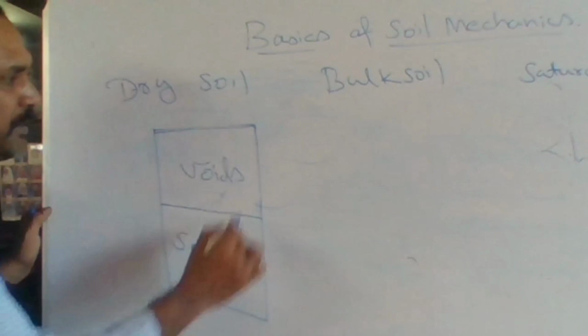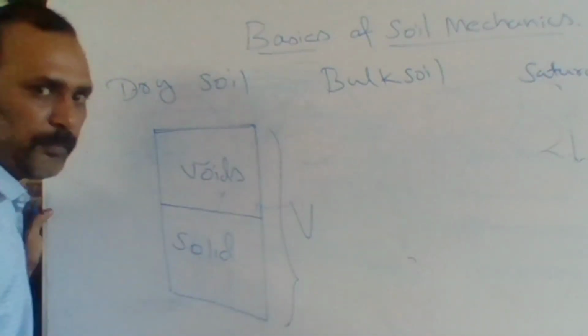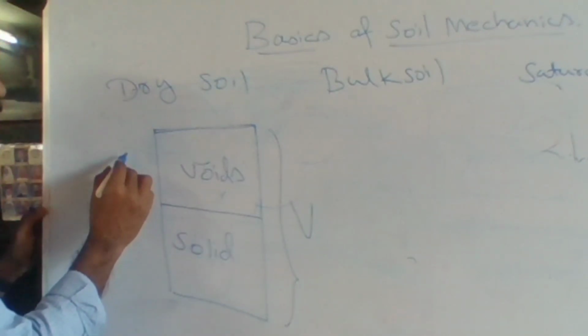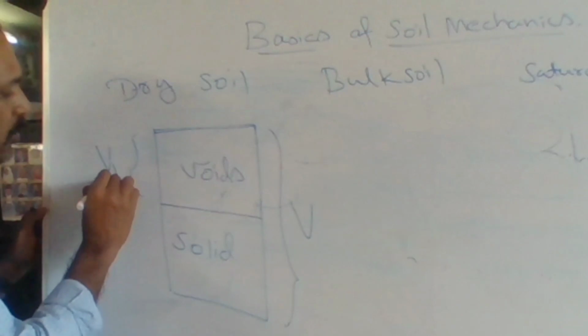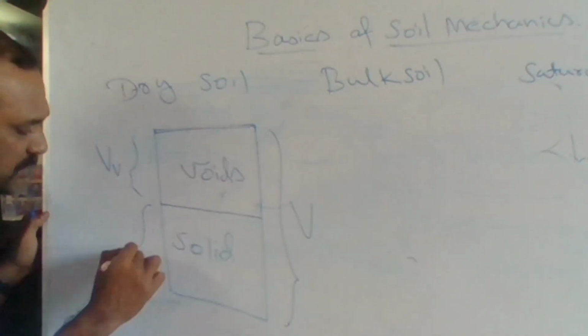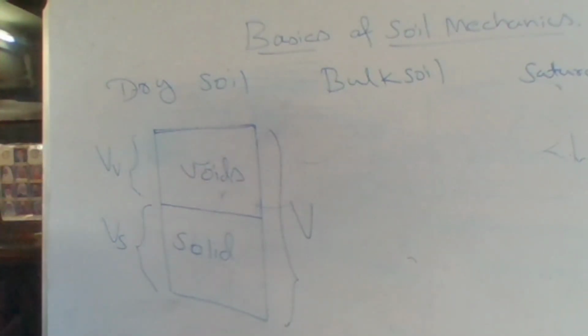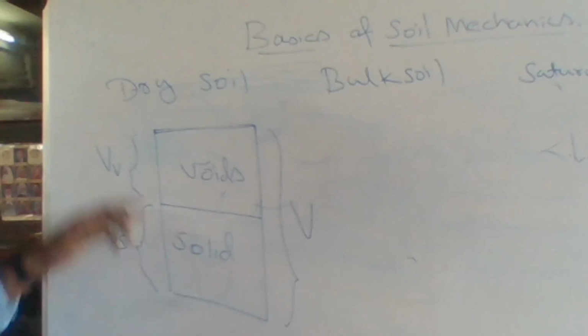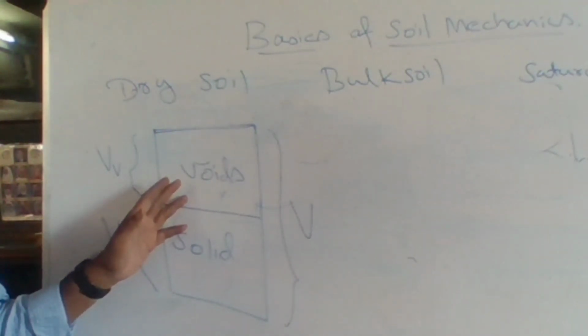Okay, this we call total volume. Here we call it volume of voids, and this area we call volume of solids. Now we can understand, in dry soil condition only two cases are there.